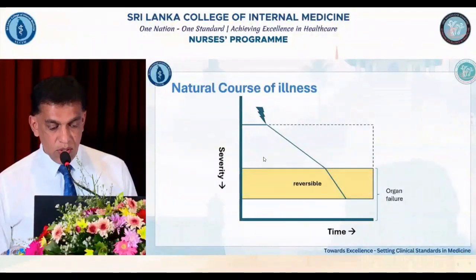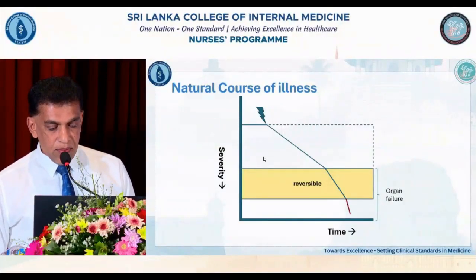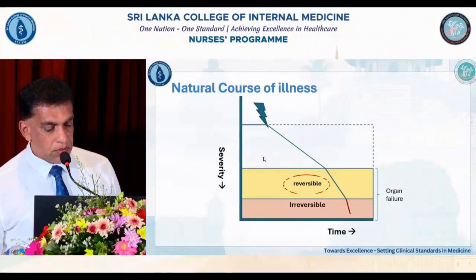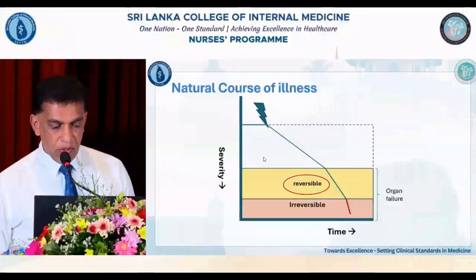So you come to a stage when the disease is reversible, and after some time it becomes irreversible. What you need to concentrate on is the phase where the disease is reversible, and this is where we should act upon and save patients.